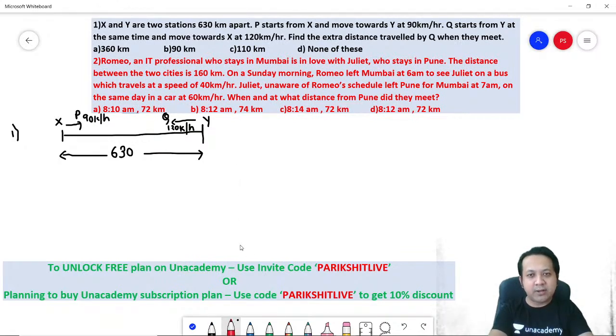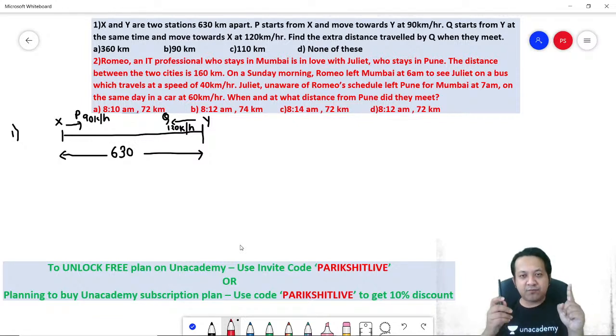Okay, now think about it. Both of them start together, right? So initially, both of them were separated by a distance of 630 kilometers. P moves 90 kilometers at the end of 1 hour, and Q moves 120 kilometers at the end of 1 hour.